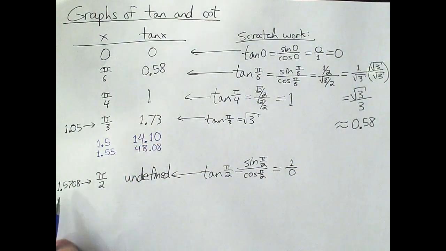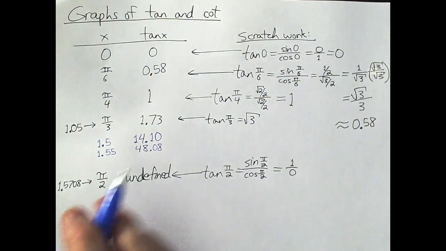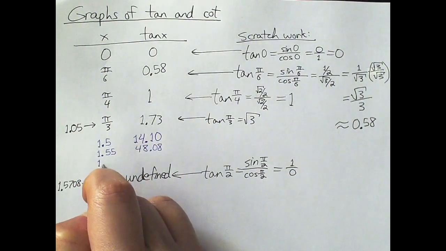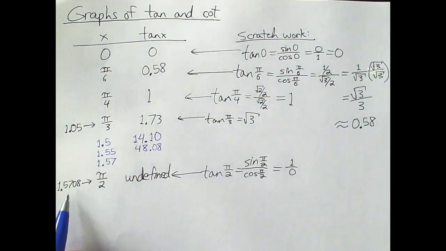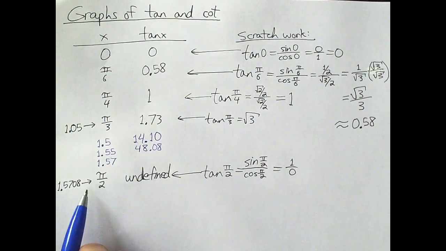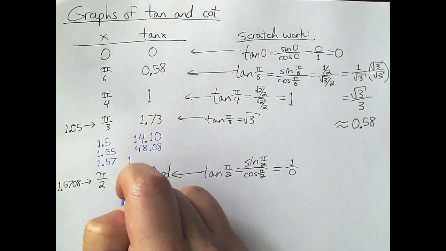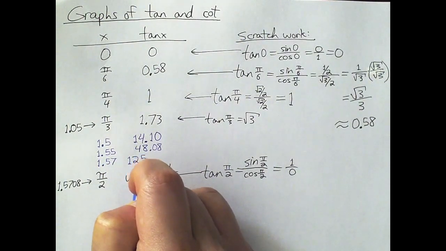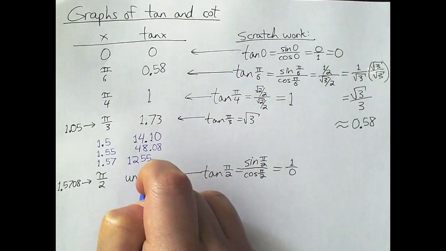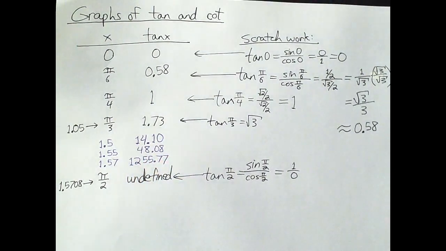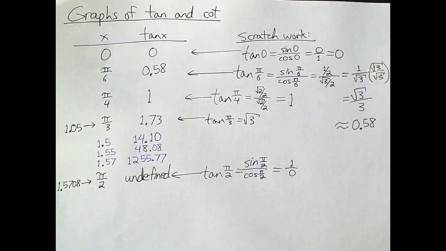I said, okay, let's get really close and go to 1.57. That's really close to where it's undefined. And with a calculator, I found that this is approximately 1,255.77.